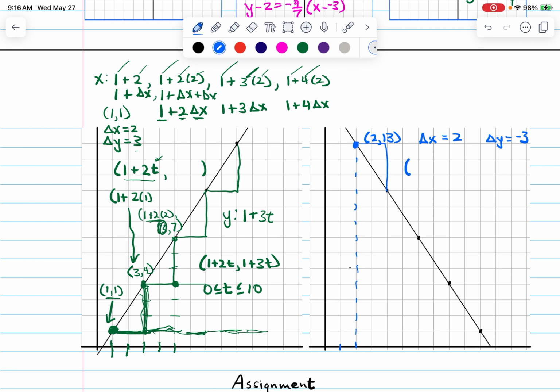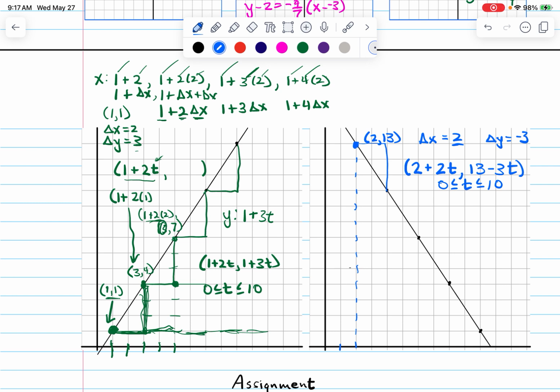Here is the parametric form. x is 2 plus 2t, delta x times t, and y is 13 minus 3t. And t goes from, let's say, 0 to 10. I'm just using 10. It's kind of random, but I do want to start at 0. Now, this will give you all of these points.